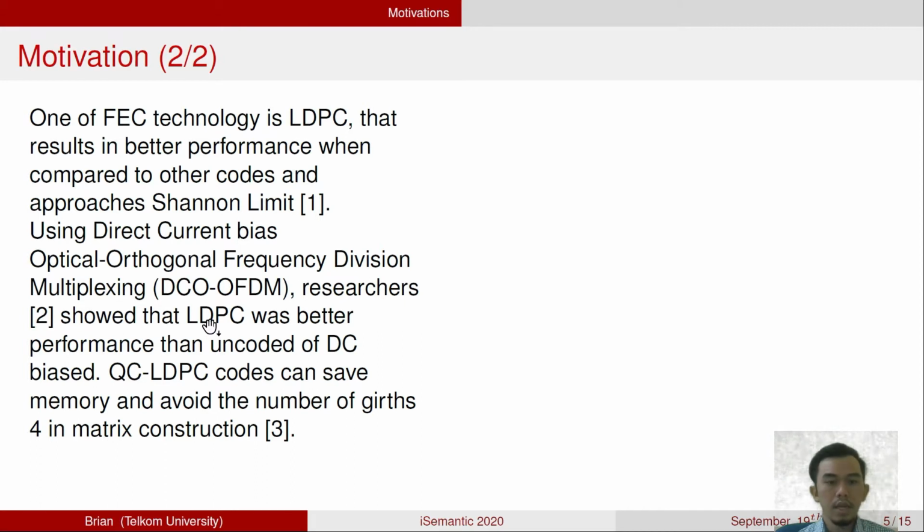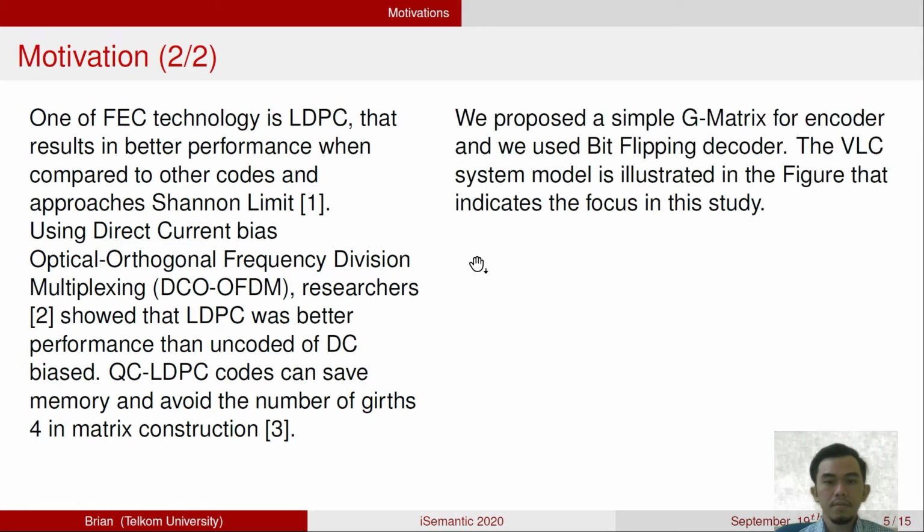Second researchers show that LDPC had better performance than encoded DC bias. And then QC-LDPC code can save memory and reduce the number of bits for matrix construction. But if we use DCO with this multiplexing, we have bigger complexity than if we use simple line coding like NRZ, non-return to zero, or on-off keying.